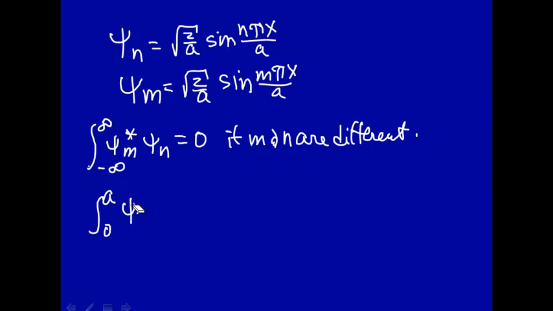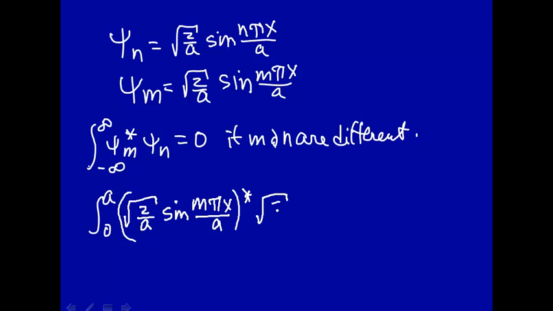Psi m is the square root of 2 over a times the sine of m pi x over a. We're going to take the complex conjugate, although there's no i in here, so we don't need to worry about that, times the square root of 2 over a sine of n pi x over a, and integrate this over dx.